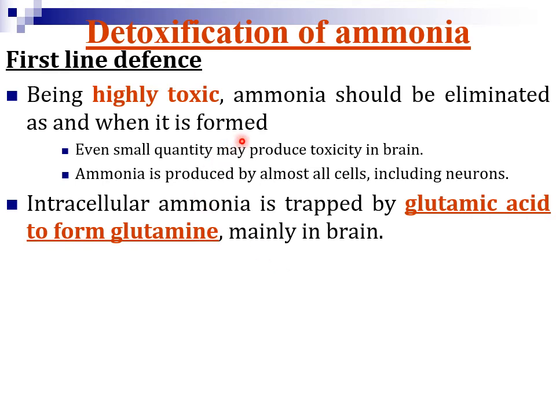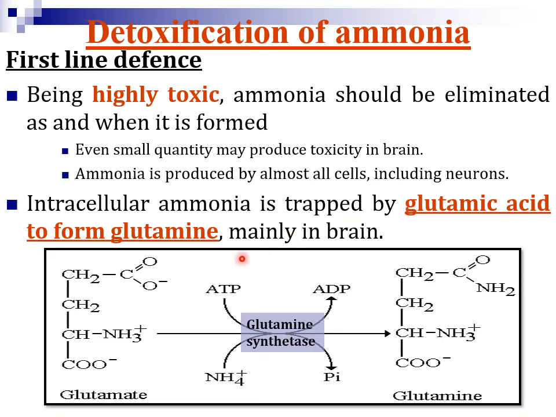Any ammonia produced in the cell will be taken up by glutamic acid and converted into glutamine with the help of the glutamine synthetase enzyme. So this is the first line of defense.